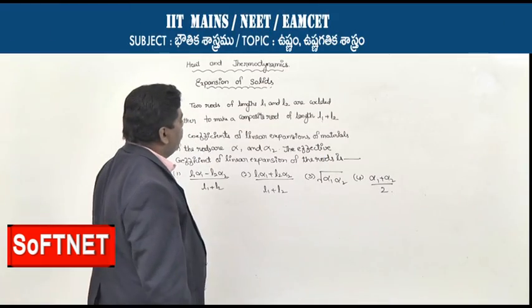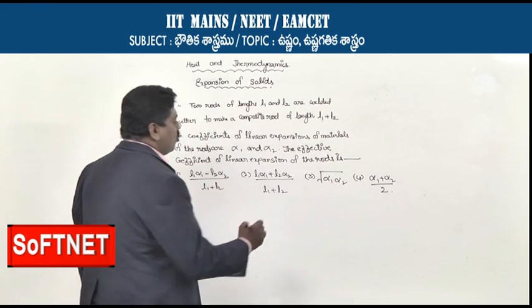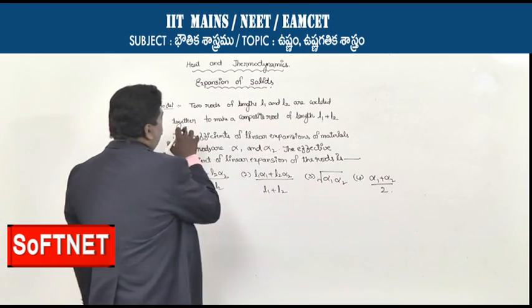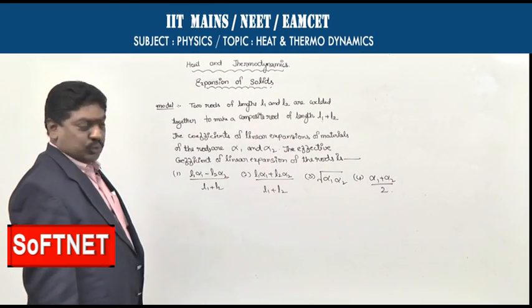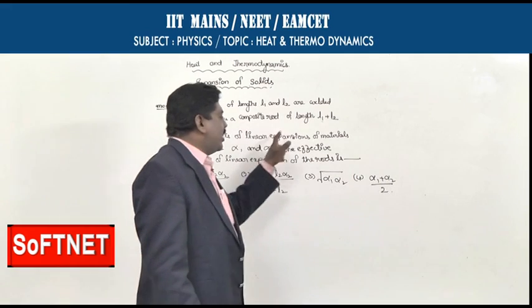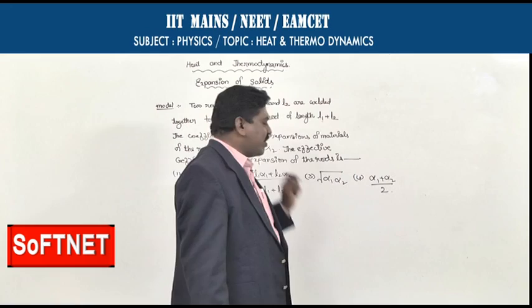Now let us have another model here. Two rods of lengths L1 and L2 are welded together to make a composite rod of length L1 plus L2. The coefficients of linear expansion of the materials of the rods are alpha 1 and alpha 2.